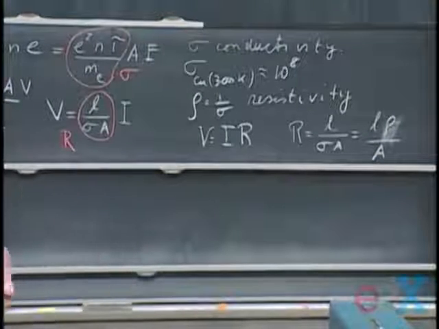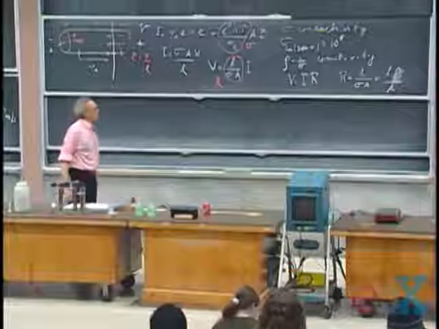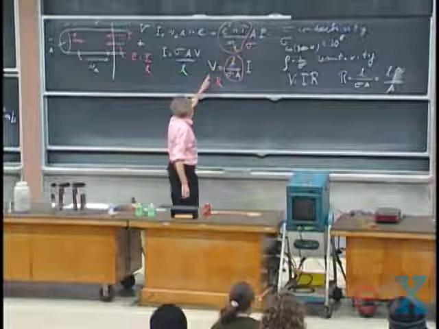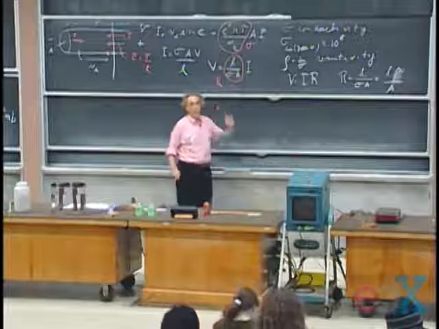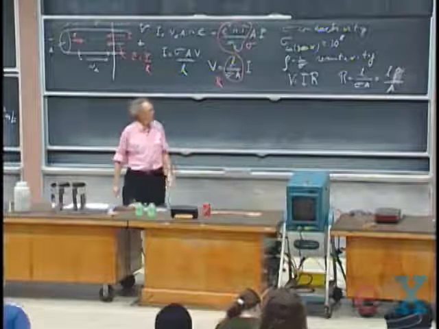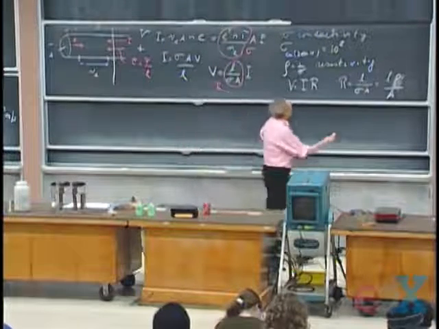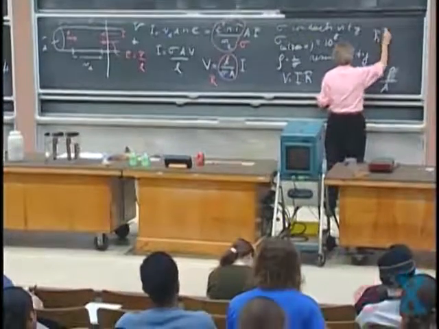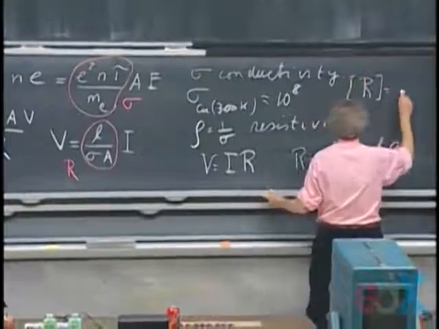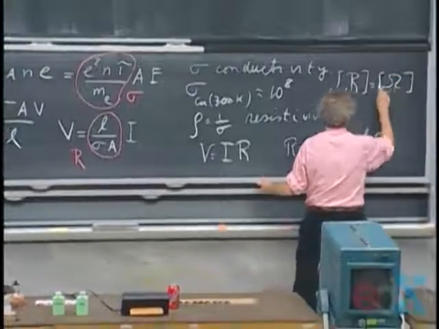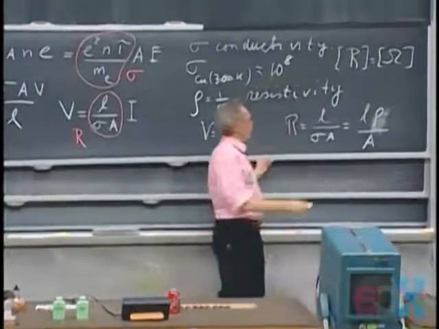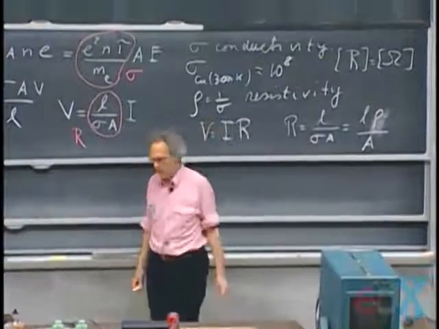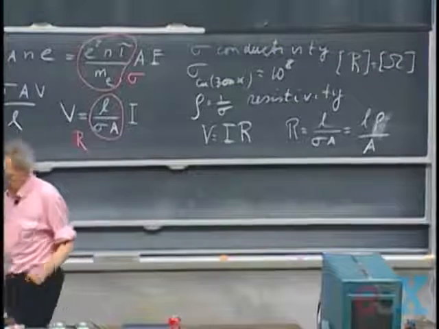The unit for resistance, R, is volts per ampere, but we call that ohm. And so the unit for R is ohm. And so if you want to know what the unit for rho and sigma is, that follows immediately from the equations.